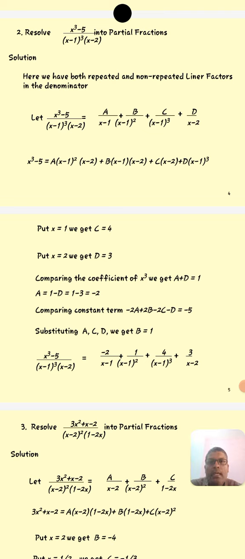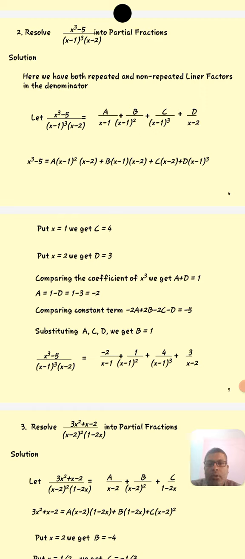Now here with the LCM, we cancel both denominator parts. We get the numerator equality: x cube minus 5 is equal to a into x minus 1 whole square into x minus 2 plus b into x minus 1 into x minus 2, plus c into x minus 2 plus d into x minus 1 whole cube.